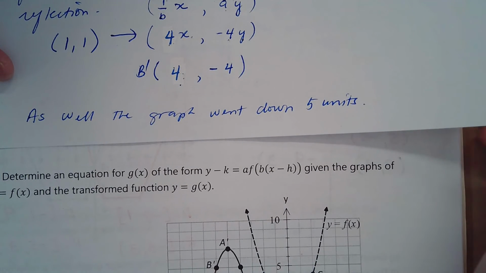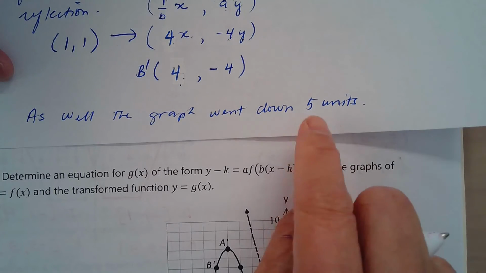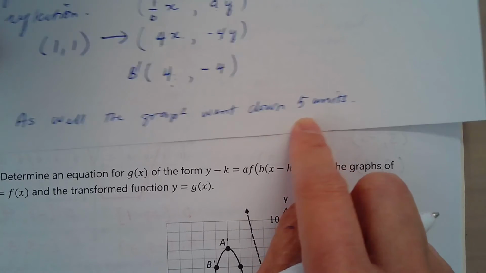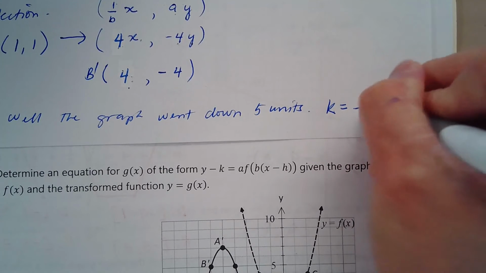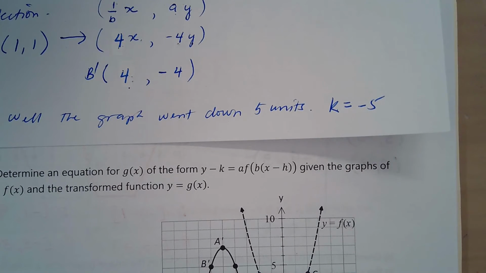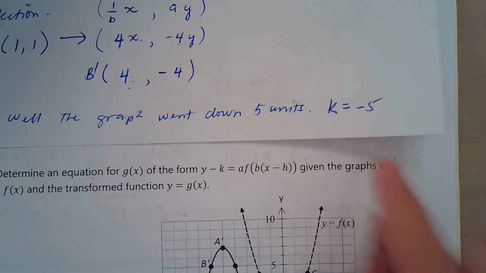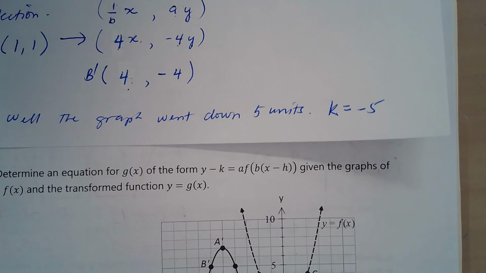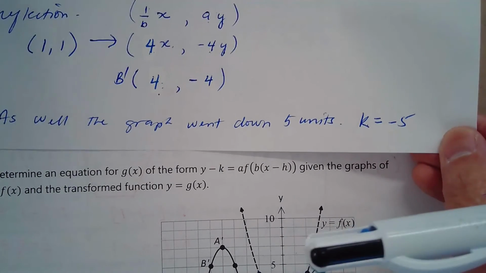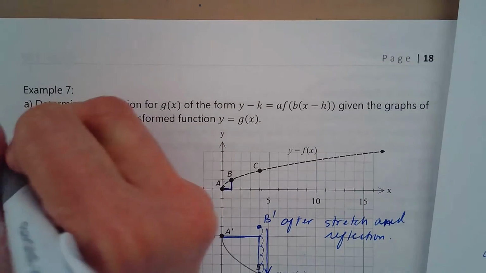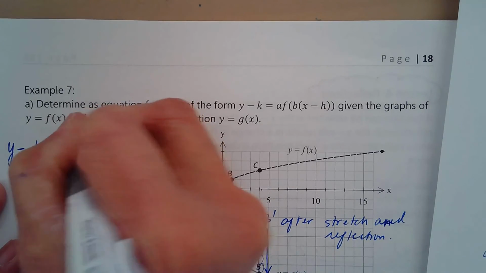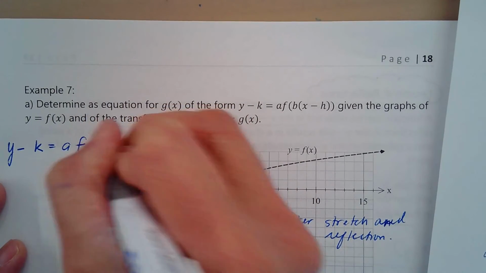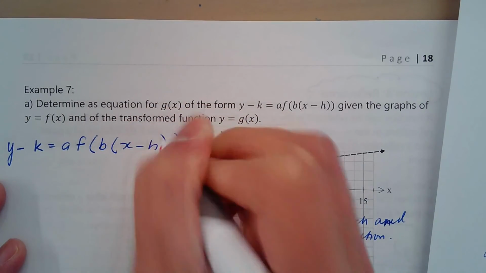Because it's 5 units down, that tells us that the K value is negative 5. The K is negative 5. So now putting it all together, y minus k equals a times f of b x minus h.